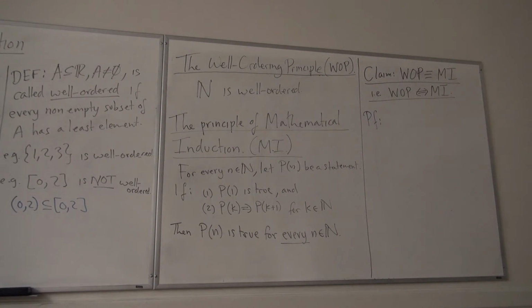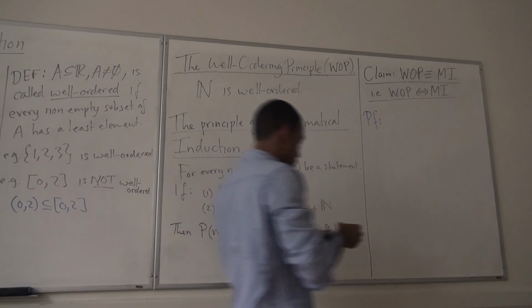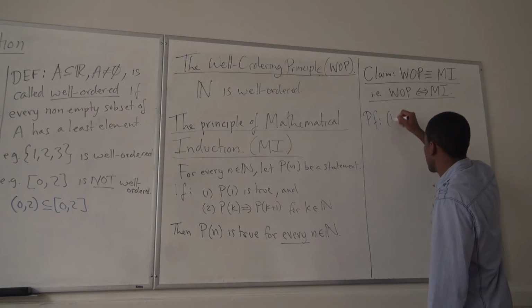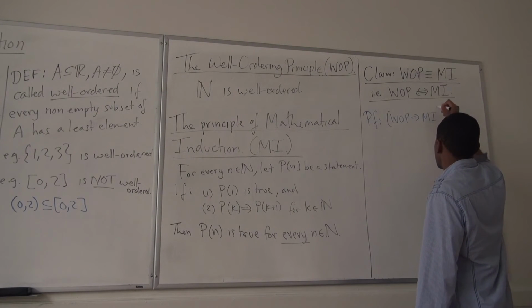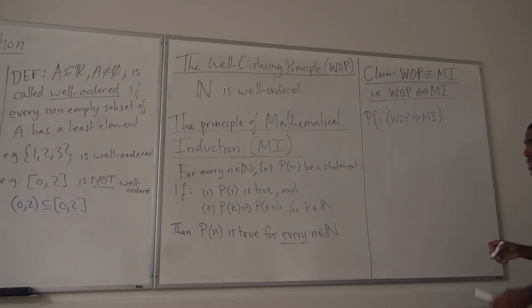Your book does one direction. Which direction does your book do? I think it goes with WOP implies MI. So let's start there. It's probably the easier one. Let's prove that that is true, and then we'll go the other way.